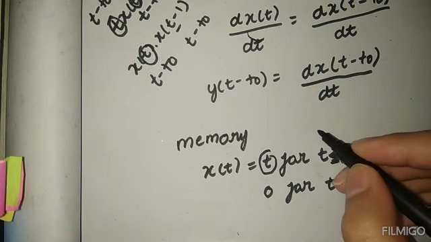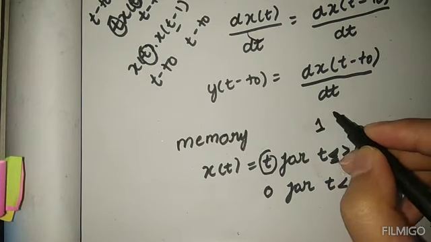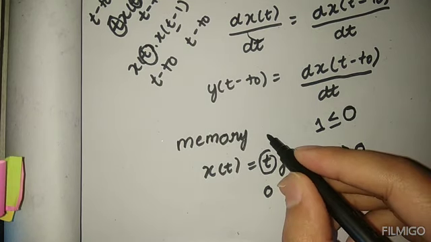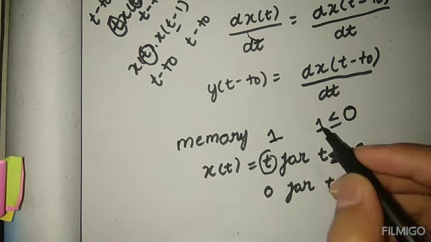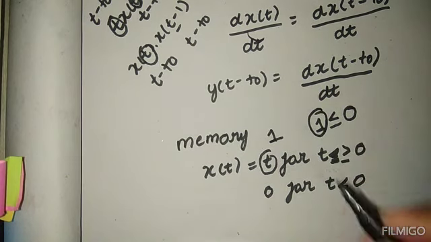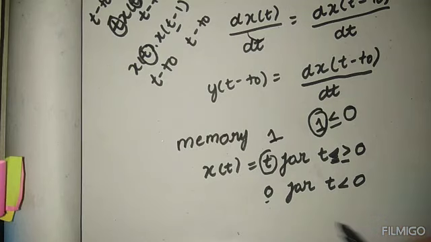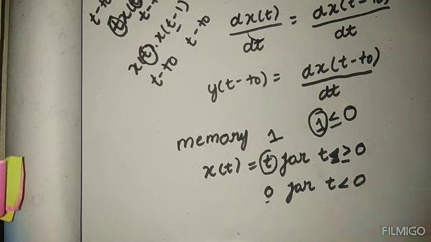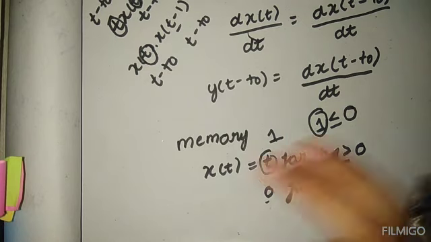For example, if you take t is equal to 1, which is greater than or equal to 0, the answer would be equal to 1 itself. That is, whatever the t you have considered. Now here this is 0 for t less than 0. You know that in the unit step function it is only for the positive part and not for the negative part.